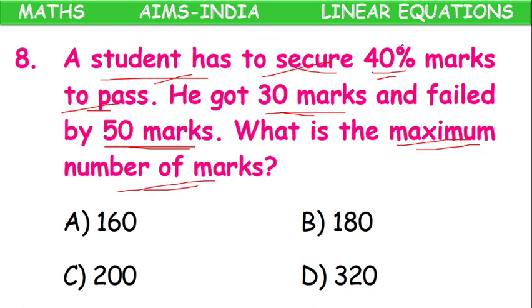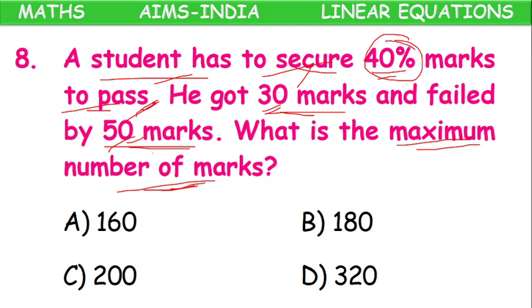So he has to secure 40% marks to pass, but he got only 30 marks and failed by 50 marks. Means for pass marks he still needed 50 marks more. This 30 plus 50 together will become 40% of the total marks.